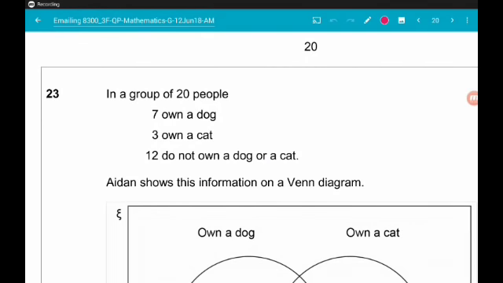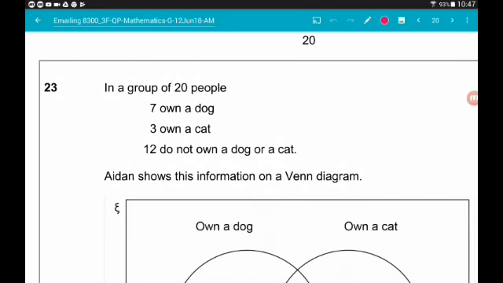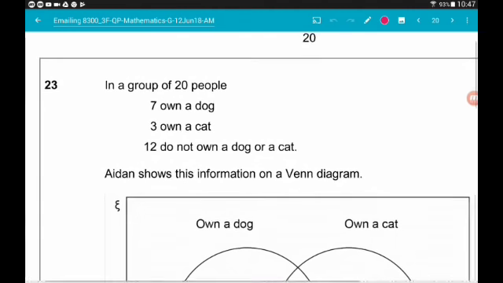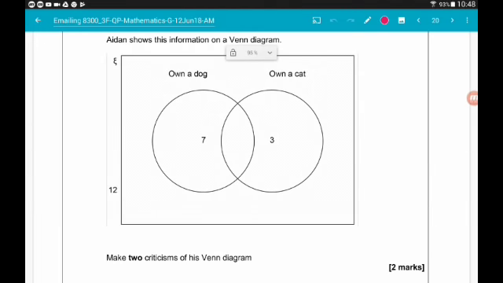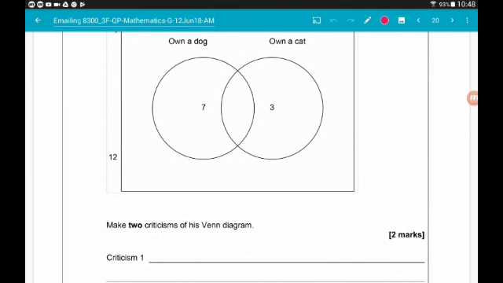In a group of 20 people, 7 own a dog, 3 own a cat, 12 do not own a dog or a cat. Adrian shows this information using a Venn diagram. So there's his Venn diagram, and we want to make 2 criticisms of the Venn diagram.